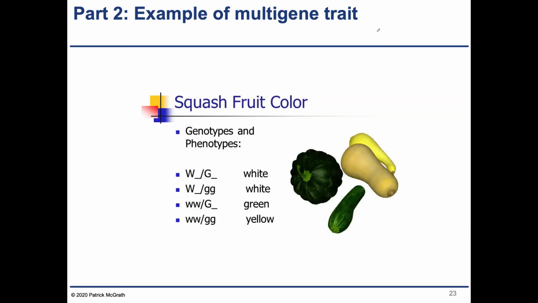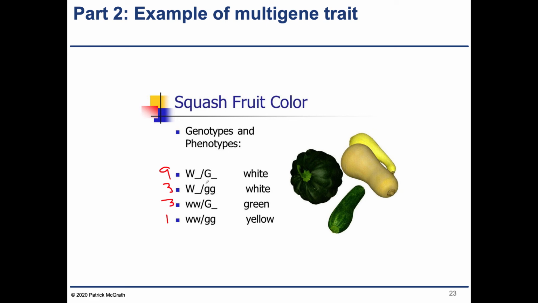And there's actually a large number of ways that you can do this. Another example of this is in squash. There's certain squash that have different colors. They can either be white, green, or yellow. And these, again, are the expected categories. So we have this first category that accounts for 9, this category that's 3, this category that's 3, and this category that's 1.